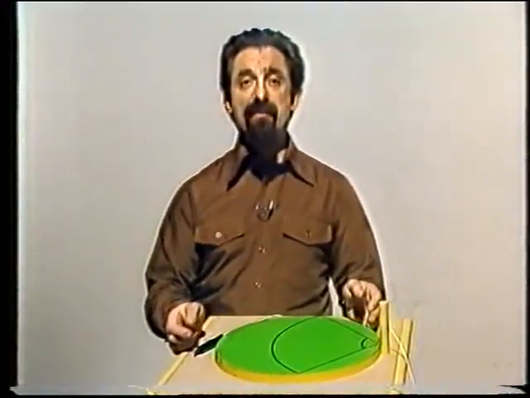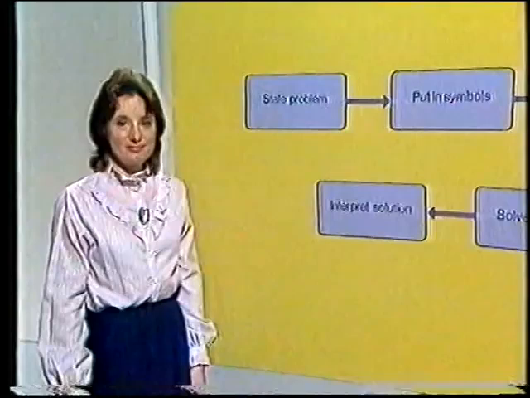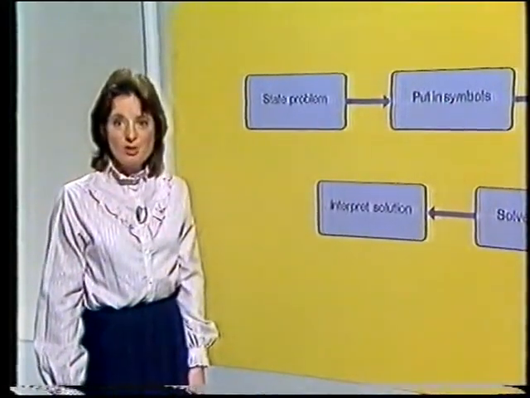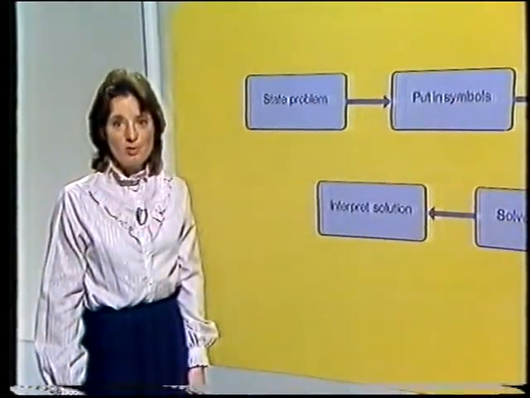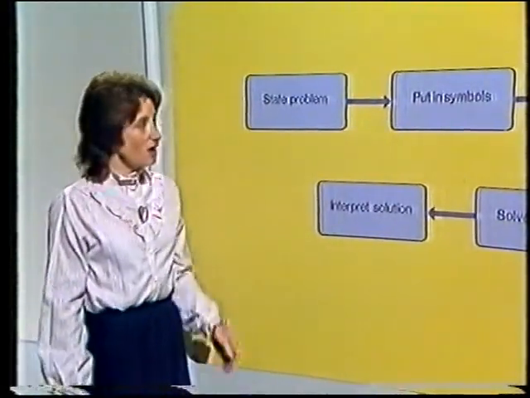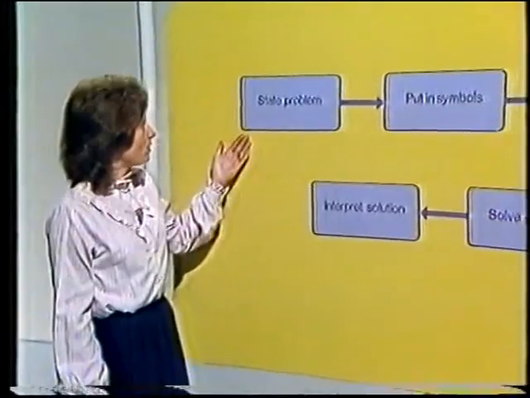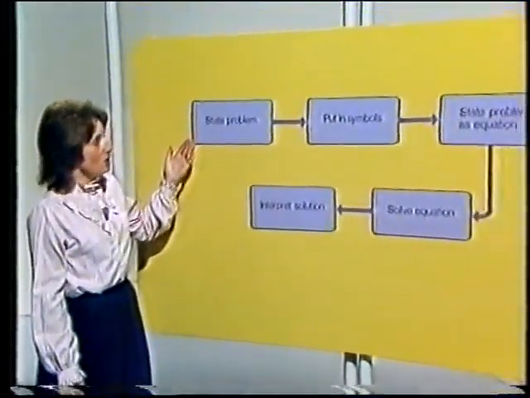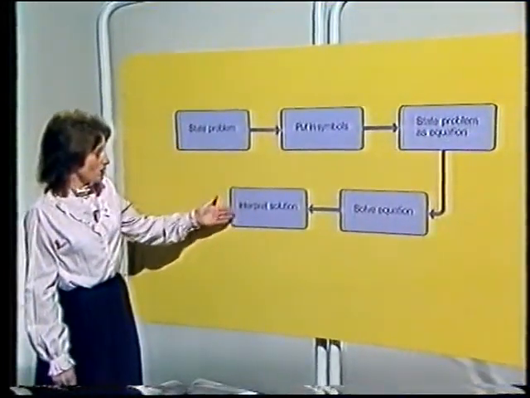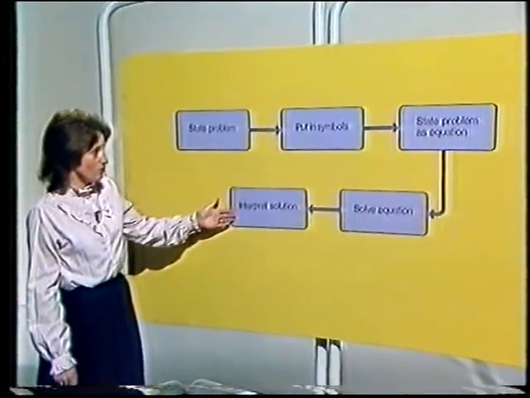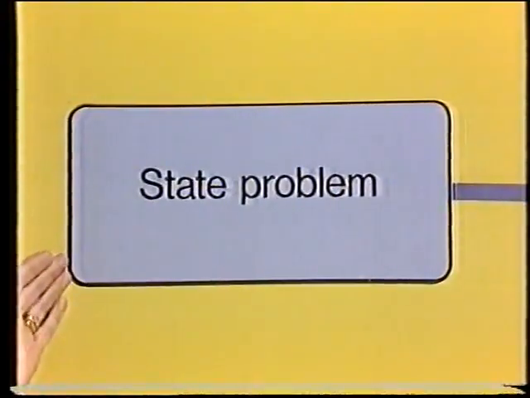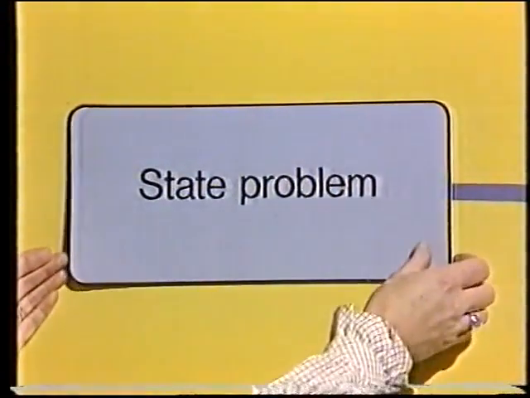Now let's take stock of where we've got to. Anne? Let me do that using the strategy from the first TV programme of the course. There, you used this framework for tackling problems, beginning with stating the problem and going all the way round to interpreting the solution. Well, the first thing to do is to state the problem.